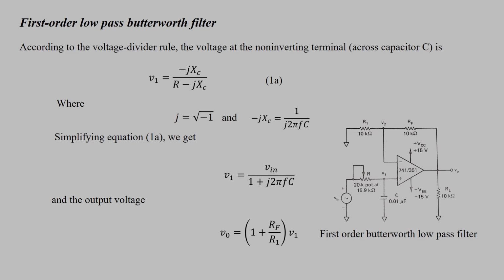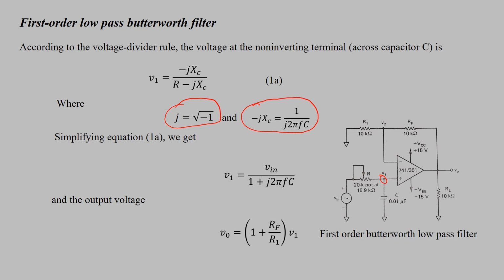According to the voltage divider rule, the voltage at the non-inverting terminal, this V1, will be minus jXC over R minus jXC, where j is the square root of minus 1, and minus jXC will become 1 over j2πfC, where f is the frequency and C is the capacitance.